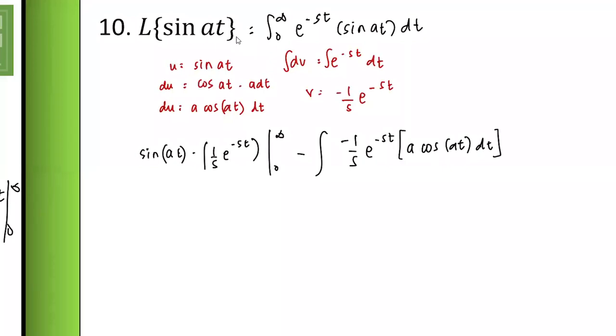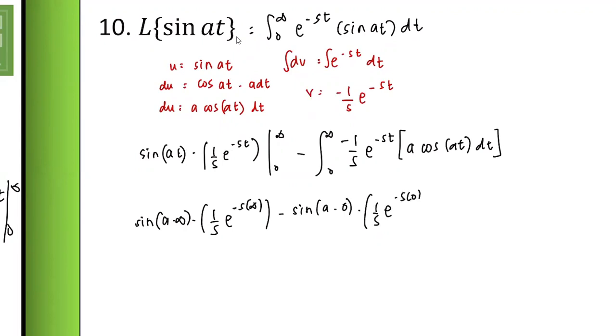Okay, so let's simplify. So this is 0 to infinity. So this will be sine of a times infinity multiplied by 1 over s e^(-s times infinity). So minus sine of a times 0 times 1 over s e^(-s times 0).